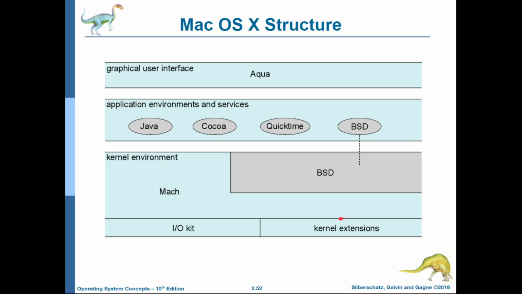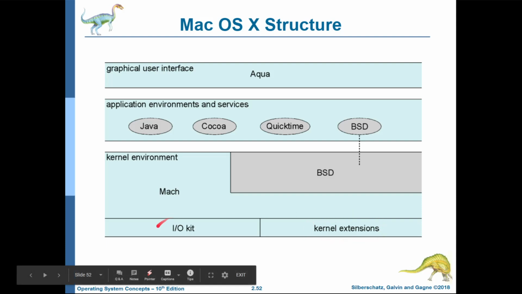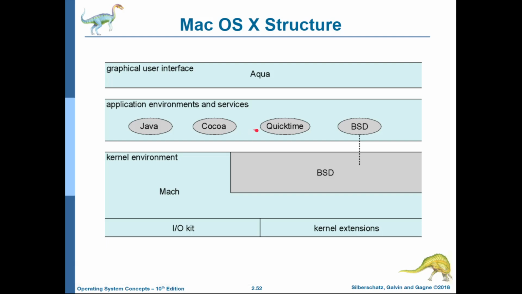And there are various kernel extensions and an I/O Kit, but you do have application environments and servers, such as the Cocoa environment, which is a development interface, and a Java environment. All of these have to work through the kernel environment, but there is a lot of functionality within the Mach kernel that goes above and beyond just a standard operating system kernel.